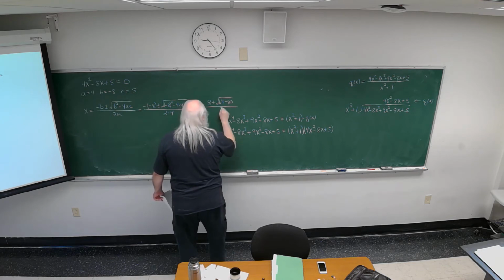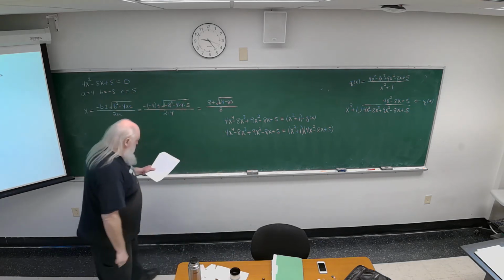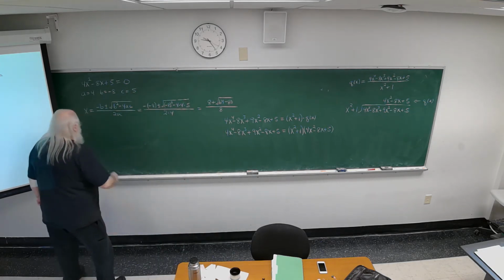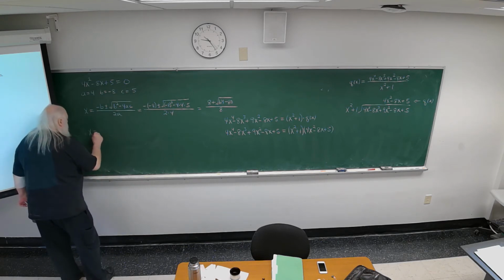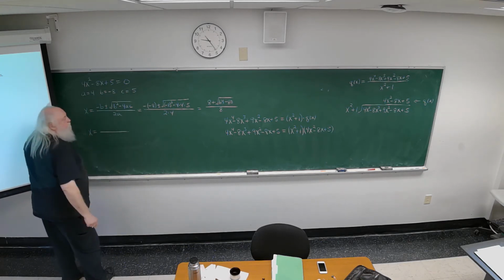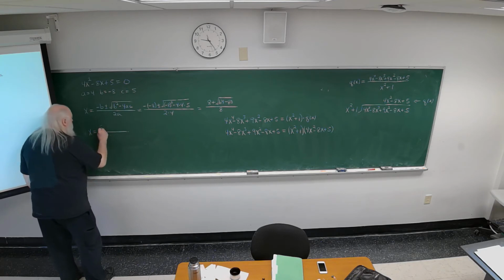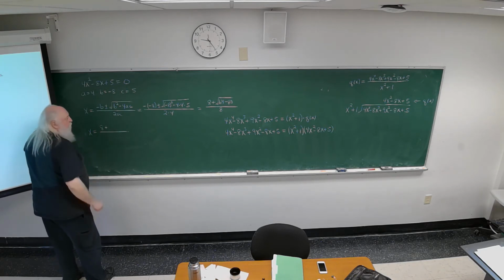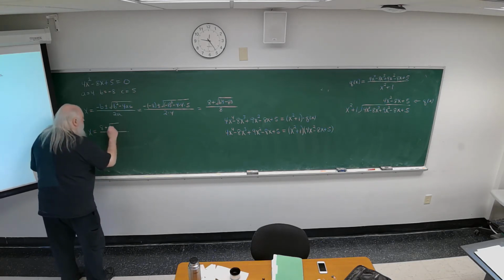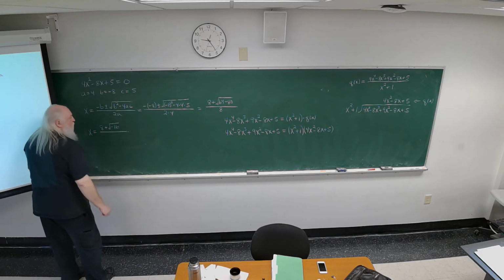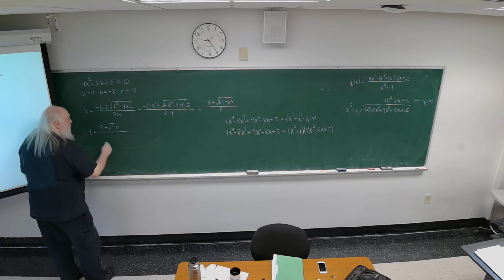And 2 times 4 is 8. So 64 minus 80 is the square root of minus 16, right? So 64 minus 80 is negative 16.